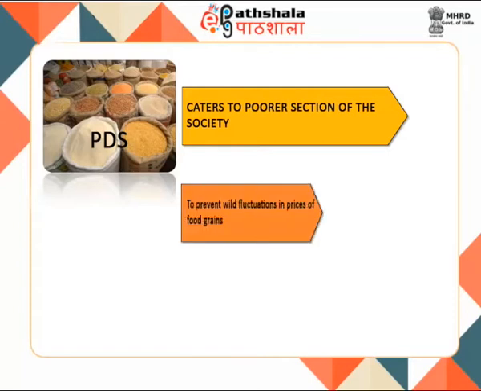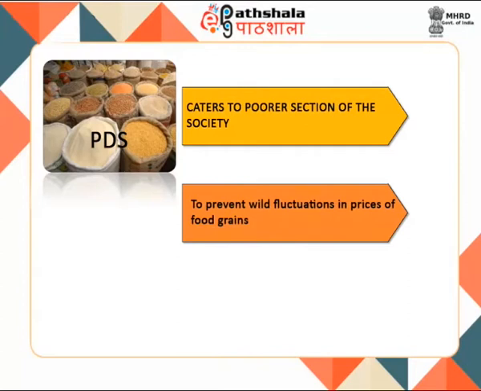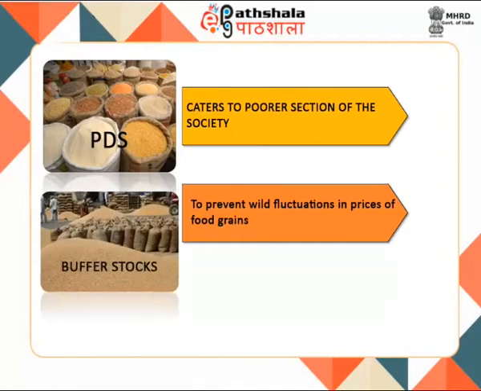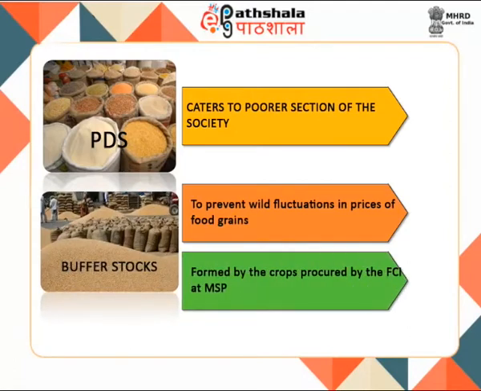In order to prevent wild fluctuation in prices, the government has to maintain buffer stocks, which are formed by the crops procured by the FCI at MSP.